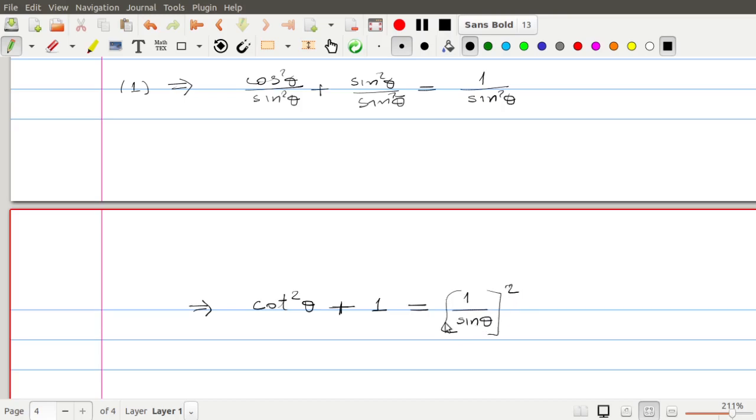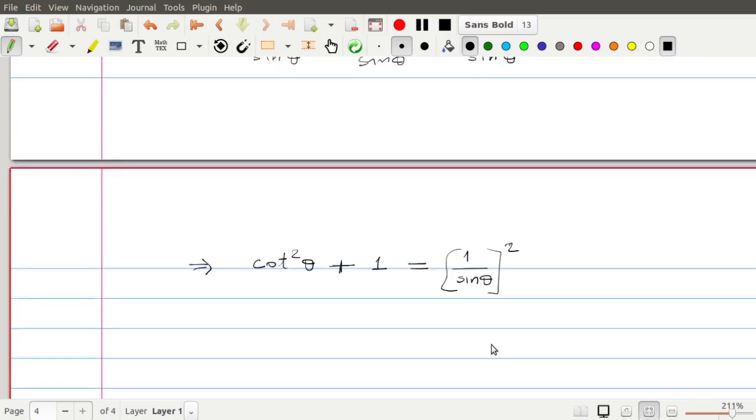So we also define this to be cosec, because remember last time we defined sec to be 1 over cosine, now we can also define 1 over sine to be cosec.